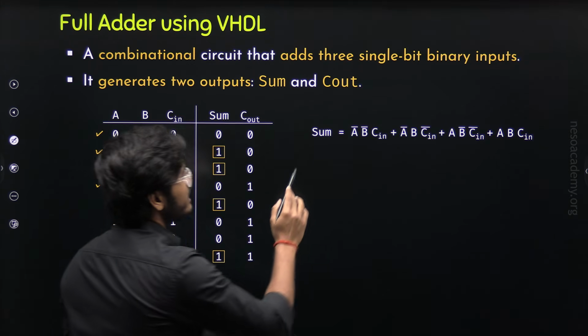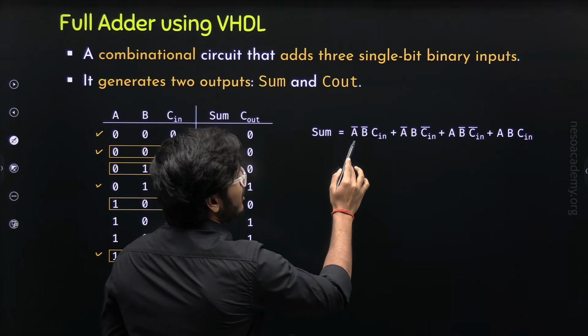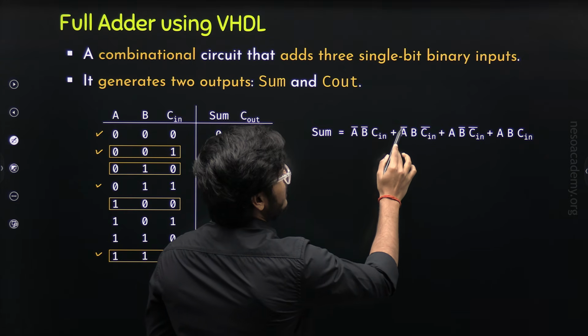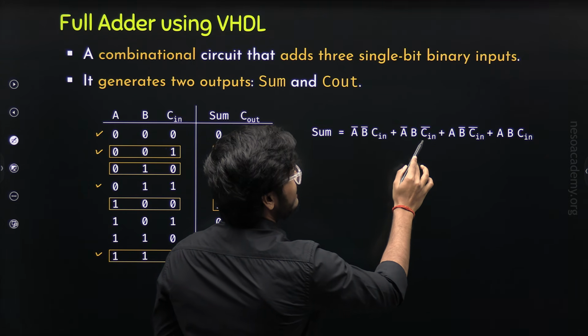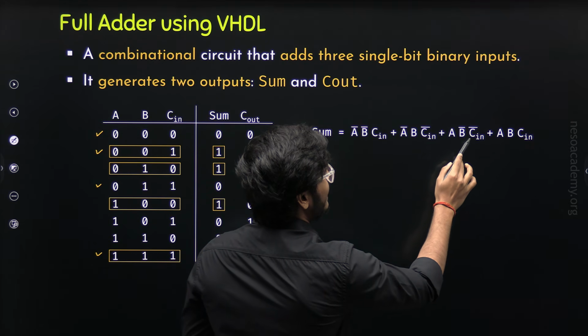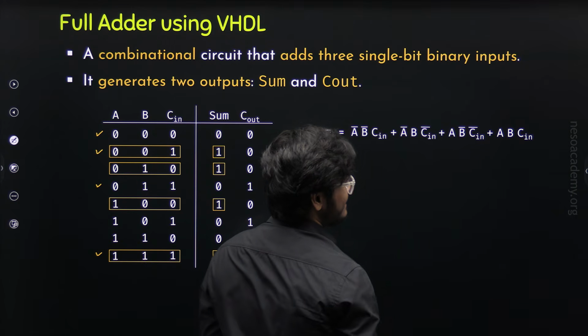So this is the Boolean expression for the output sum. Here sum is equal to A complement and B complement and Cin, or A complement and B and Cin complement, or A and B complement and Cin complement, or A and B and Cin.